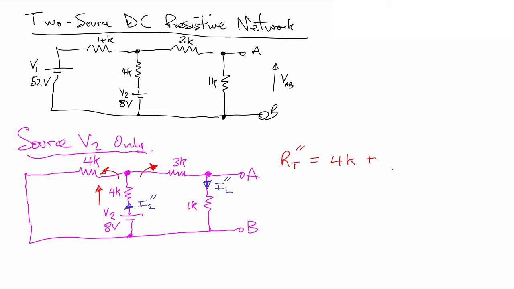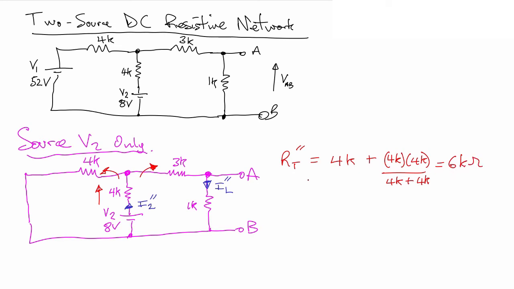One goes left and one goes right, but they are effectively in parallel. So we can have 4K times 4K over the sum of those, product over sum again, 4K plus 4K, and as before, it's a similar calculation. We find we have 6 kiloohms.